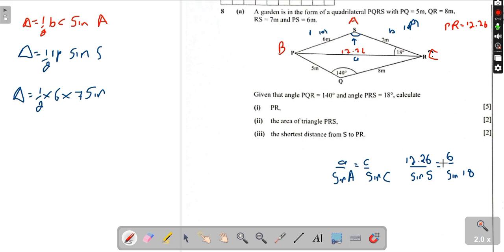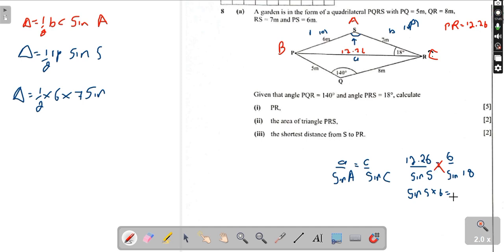We'll cross multiply. So sine S times 6 is equal to 12.26 multiplied by sine 18.